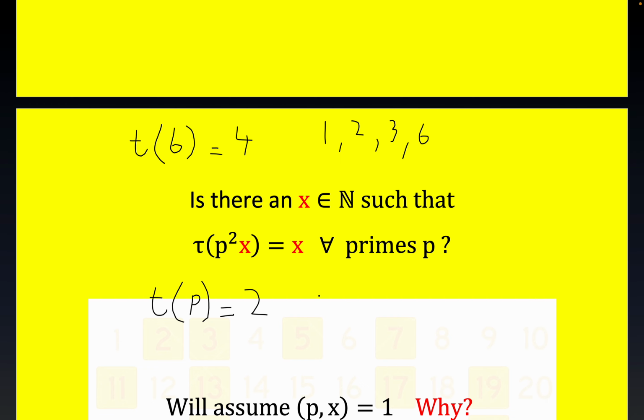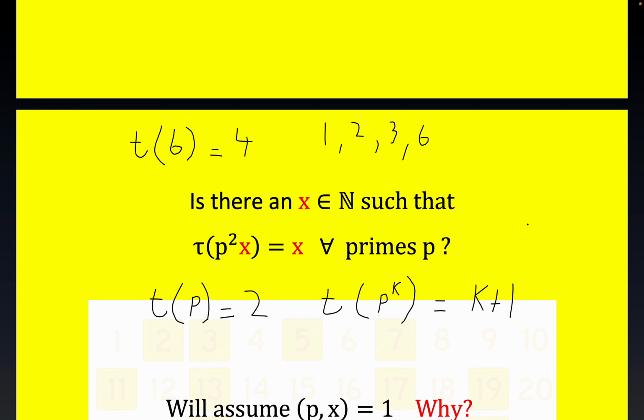Now, another important thing as far as this proof goes is tau at p raised to the k power, where k is just a positive integer, is equal to k plus 1. And that's fairly easy to see if you just list the divisors. The divisors would be 1, p, p squared, all the way up to p^k, so you have an extra divisor, namely 1 in there. So the answer would be k plus 1.